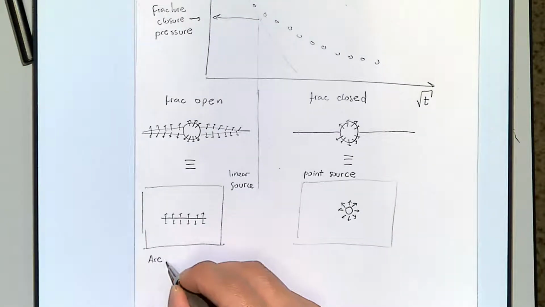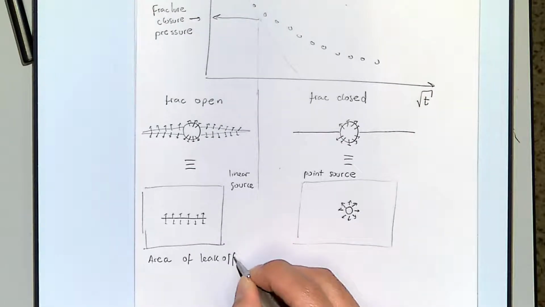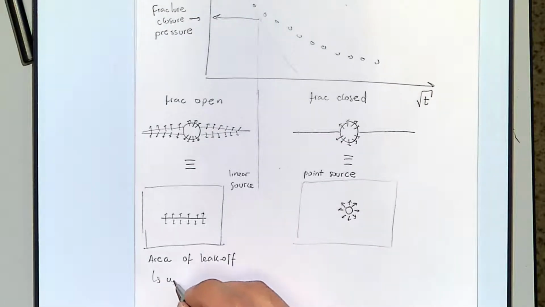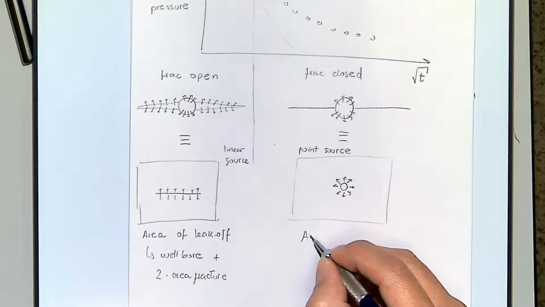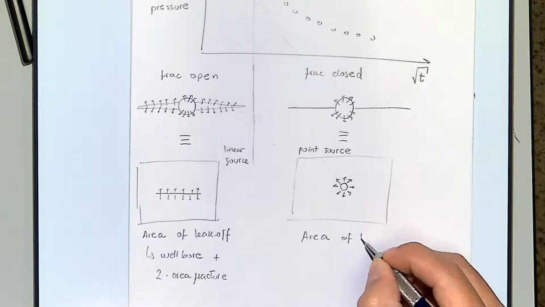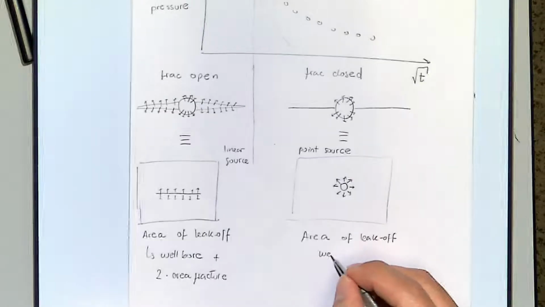In this case the area of leak-off is going to be the area of the wellbore in contact with the formation plus 2 times the area of a fracture wing. And in this case the area of leak-off is just going to be the wellbore.